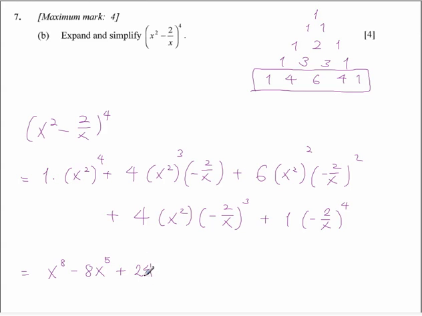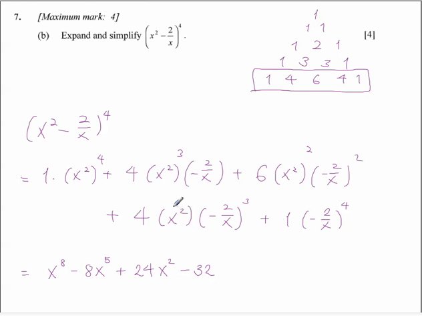Now that my constant is taken care of, let's look at the x values. So x squared is x to the fourth, and then here x squared on the bottom, it'll just be x squared. All right. And then here, the negative term is raised to an odd power, so I know this term is going to be negative. 2 to the third power is 8. 8 times 4 is 32.